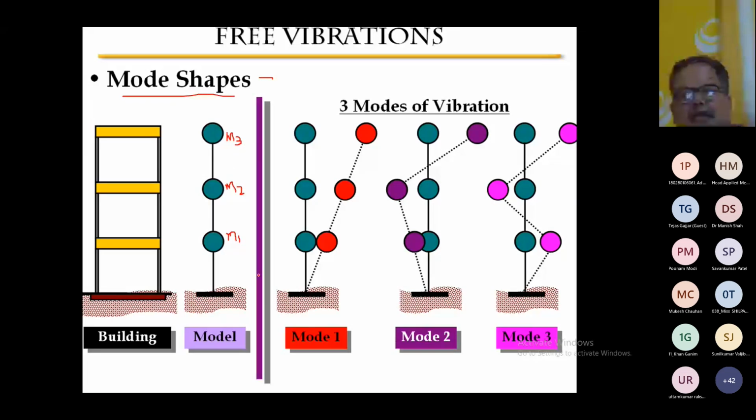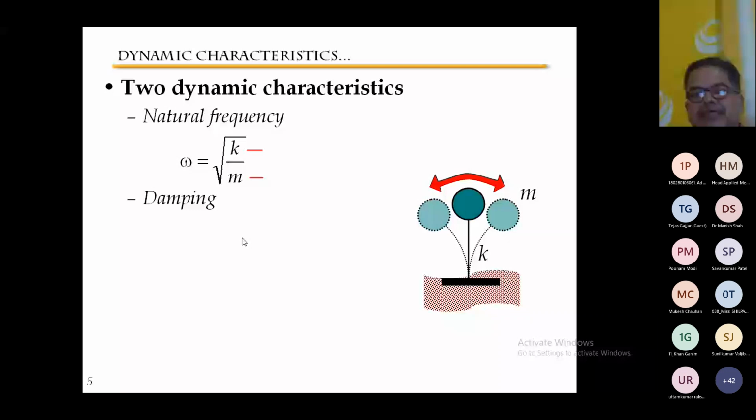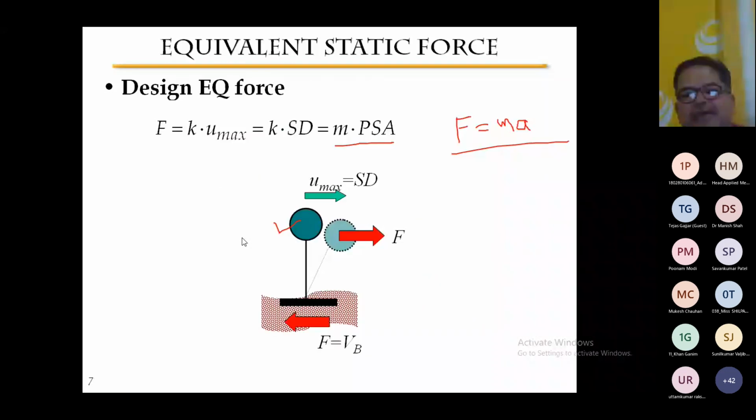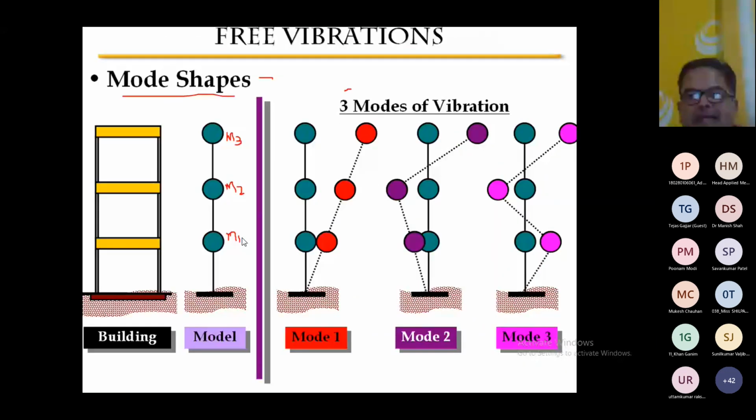So now when we go for the 3 masses and the mode shapes, for different frequencies your system is going to vibrate in a different way, right? When we are talking about a single degree of freedom system, we have a single frequency, right? And when we are talking about a 3 degree of freedom system, we have 3 frequencies, and corresponding to these 3 frequencies, we have 3 different deformed shapes, right? So they are known as mode 1, mode 2, mode 3, right?